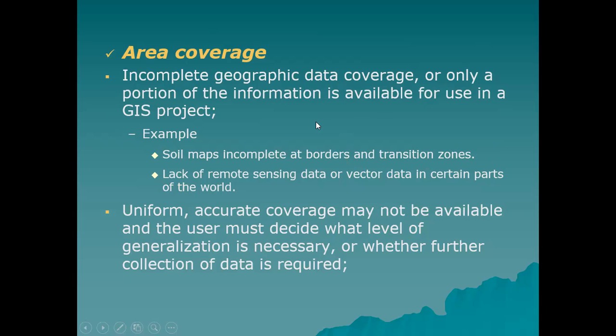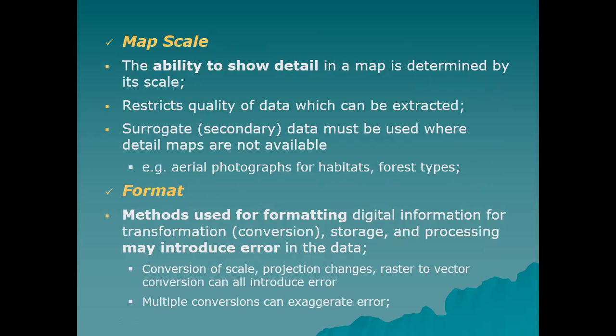So you have gaps in your data. When you have gaps in your data, again, that can also create a problem in terms of data accuracy because you have gaps in information. So then your output would be unreliable because of that gap in information. Map scales, we know map scales have the ability to show detail on a map.